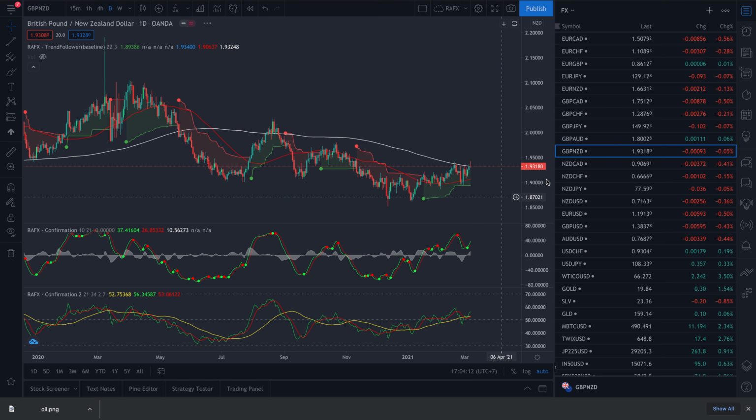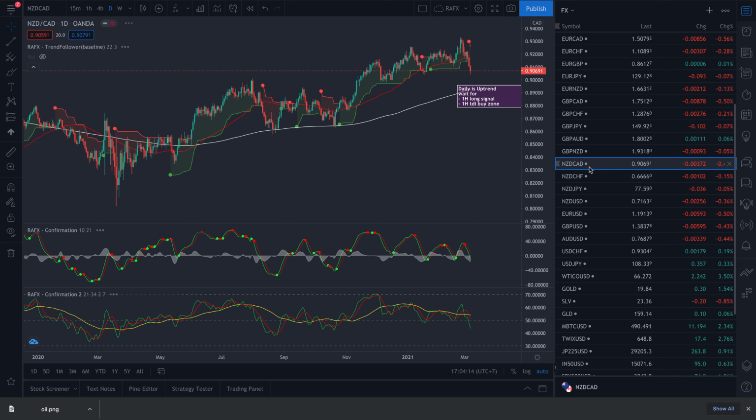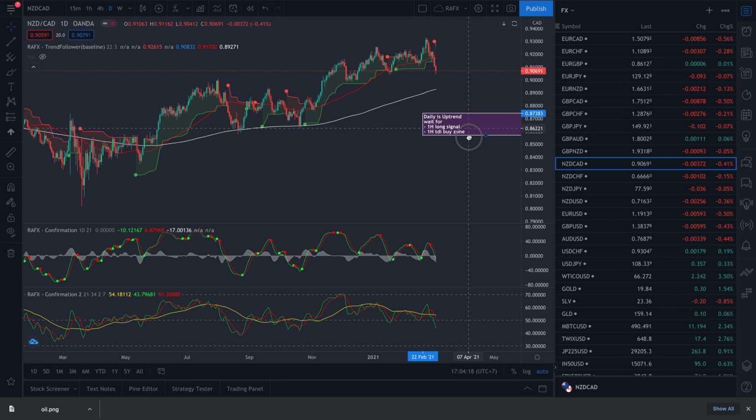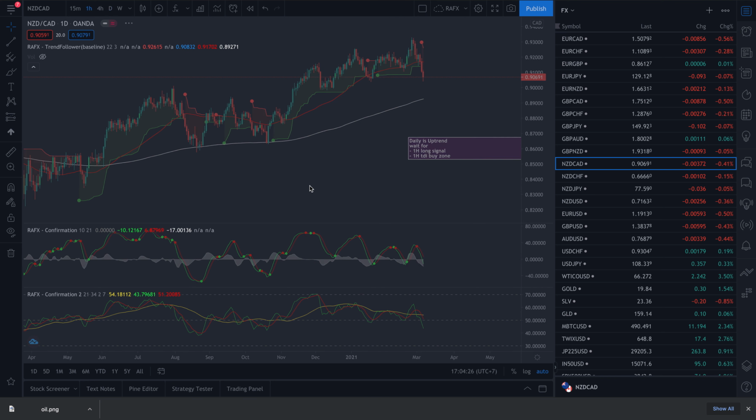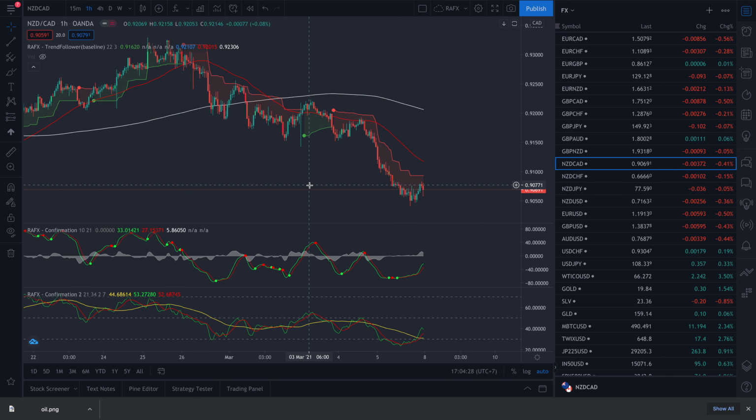So next is NZD CAD. Obviously we have the trend as an uptrend, so we are going to look for a long entry or long trade. Check if 1 hour will give us that entry, and obviously we don't have it yet because the trend follower is still on the sell.